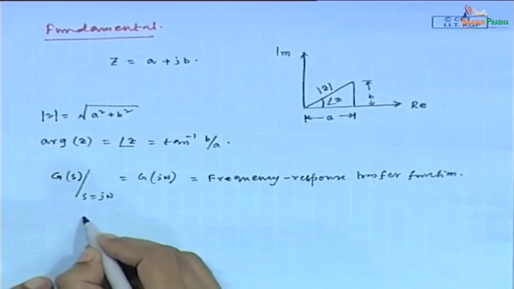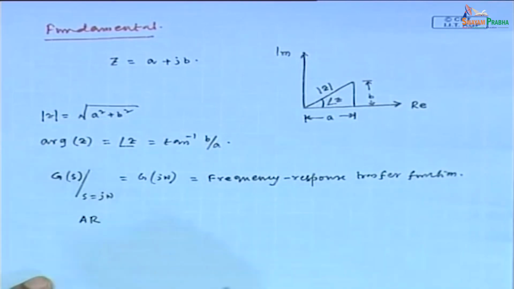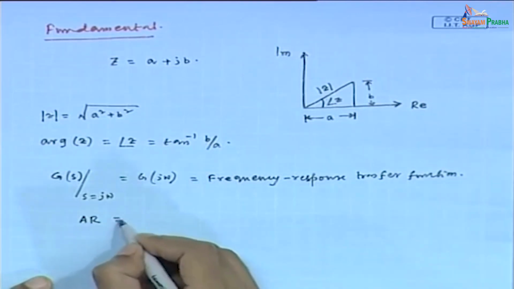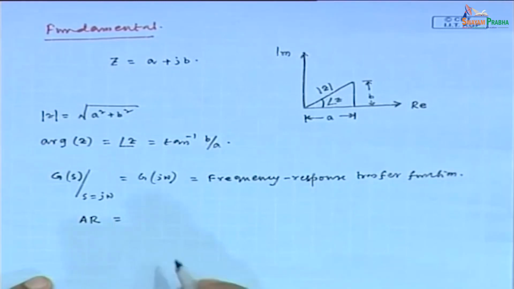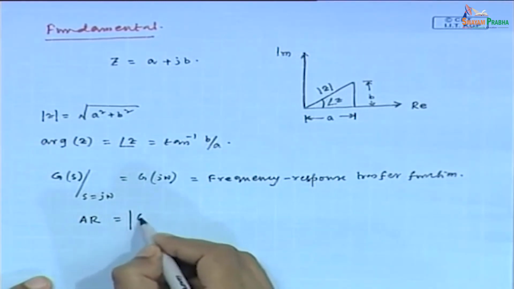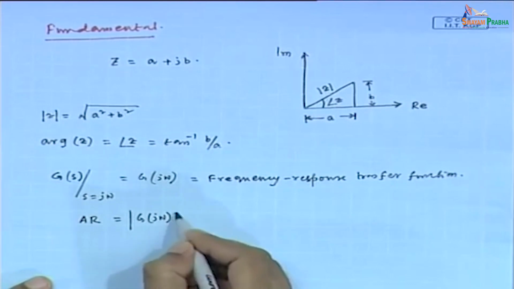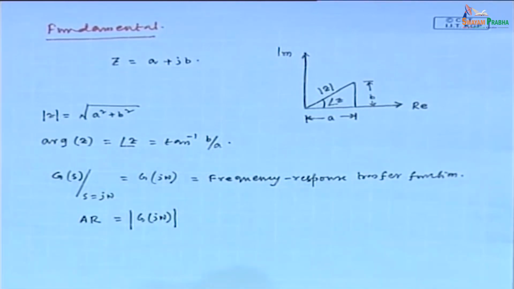Now, amplitude ratio we can determine, I mean the amplitude ratio is the magnitude of this G(j omega). Amplitude ratio is the magnitude of the frequency response transfer function.